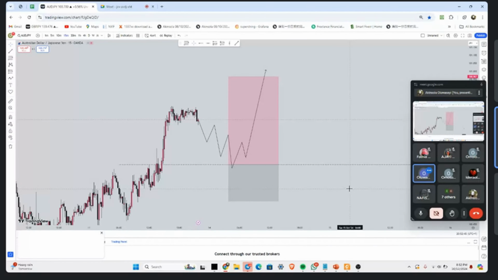Is that correct? Yes. And when it gets bearish, you sell. Is that correct? No, not when it gets. When the market is bearish, you sell. When the market is bullish, you buy. Okay, I think I understand now. Thank you.